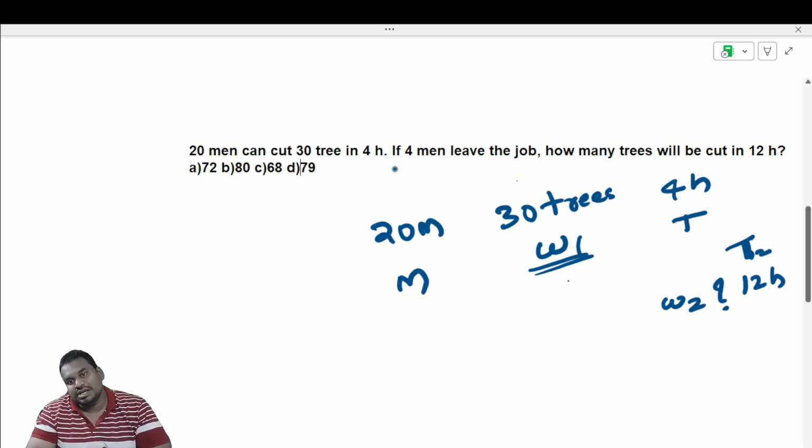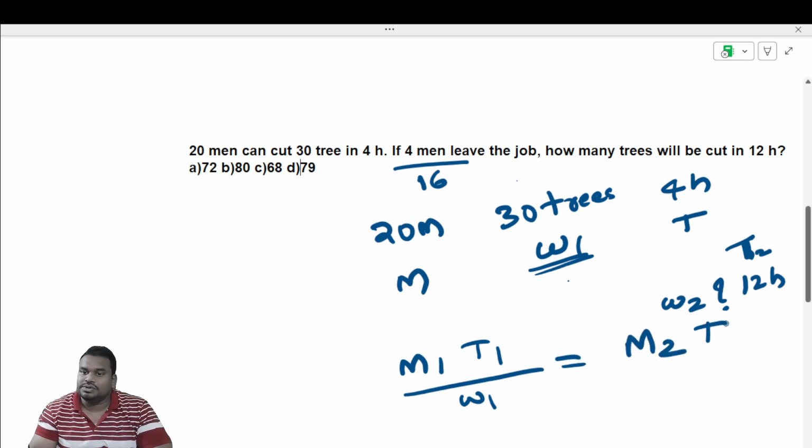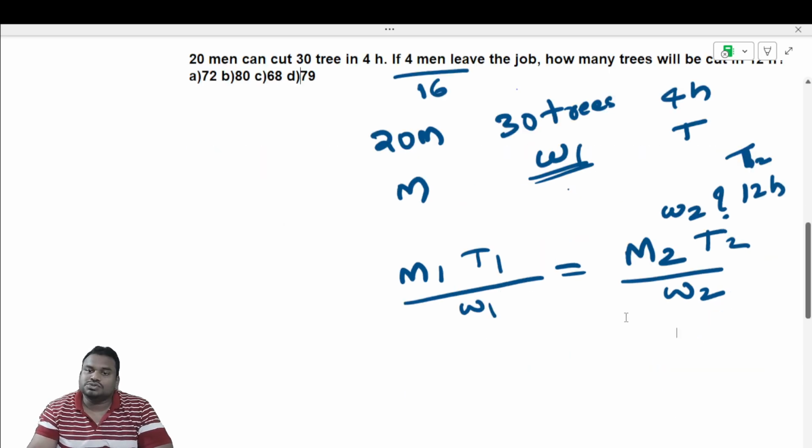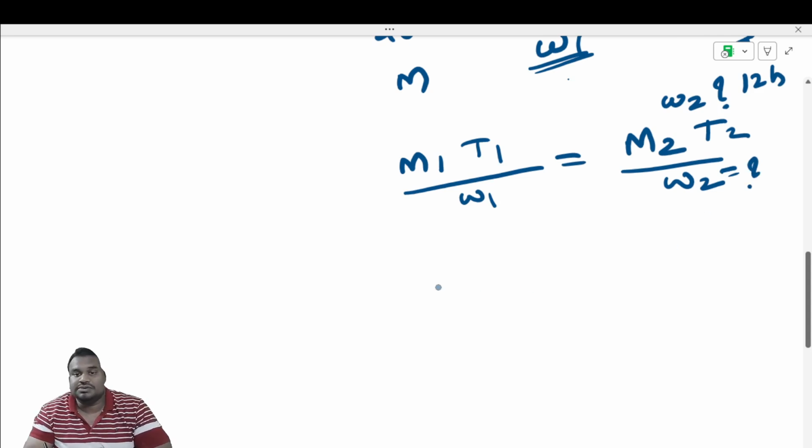Okay, now how many men are there? If 4 men leave the job, when 4 men leave, how many will be there? 16 will be there. From 20 left, so 16 will be there. Then M1 T1 by W1. I'm not adding these because days are not given. M2 T2 by W2. So here you are supposed to find out W2. W2 means the number of trees, nothing but the work.